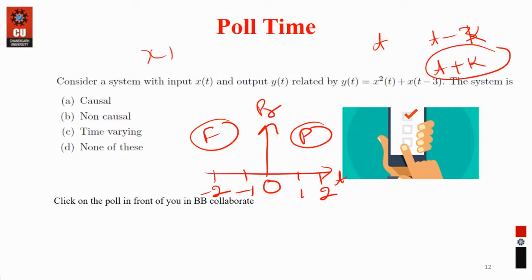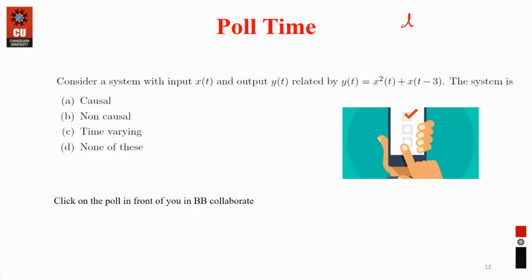And if you see x(t square), I can write like this. This is my t, this is my t square. At t equal to 0, t square is 0. At t equal to 1, t square is 1. At t equal to 2, t square is 4. At t equal to 3, t square is 9. So if the present time is 3, it is targeting 9.